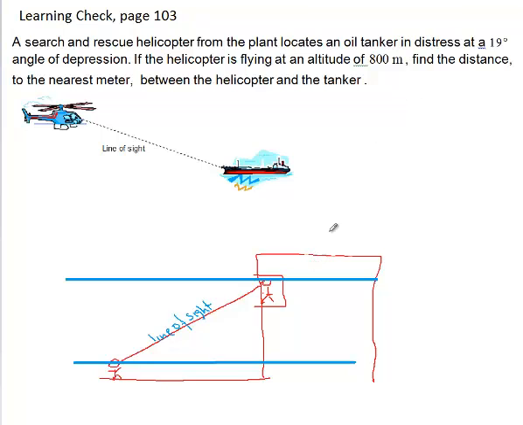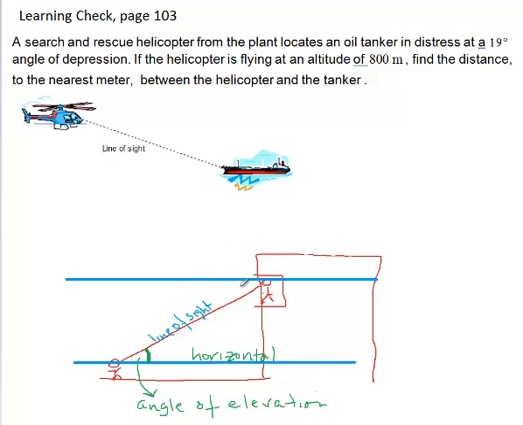This angle right here is called the angle of elevation. It's always along the horizontal, and that's made with the horizontal line and of course the line of sight. So this is called the angle of elevation, that one right there. Now the angle of elevation is made with the horizontal and line of sight.